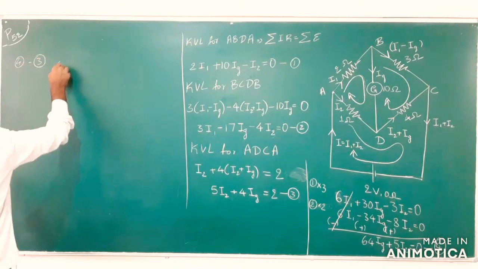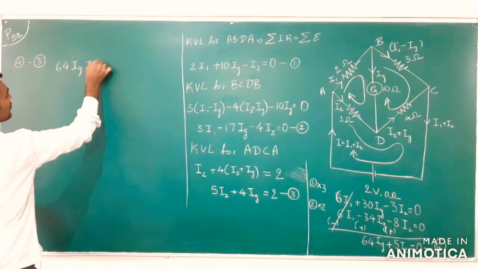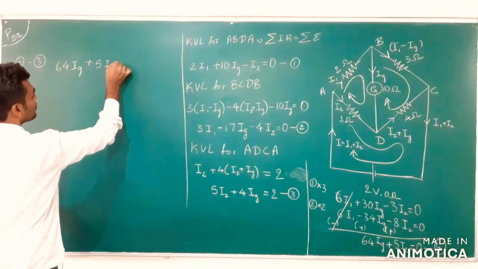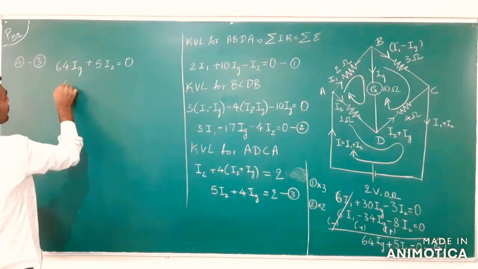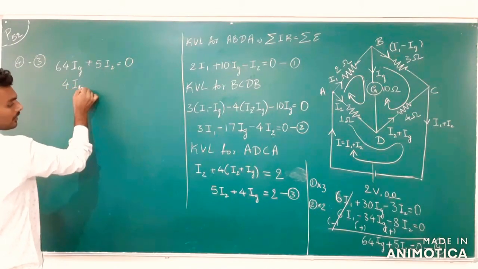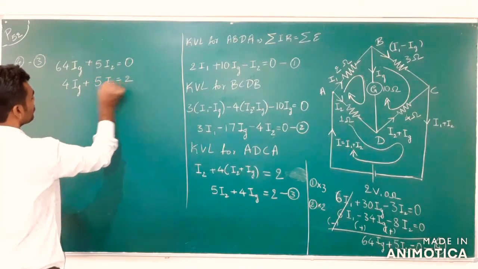Equation 4 says 64Ig plus 5I2 is equal to 0. Equation 3 is 4Ig plus 5I2 is equal to 2.